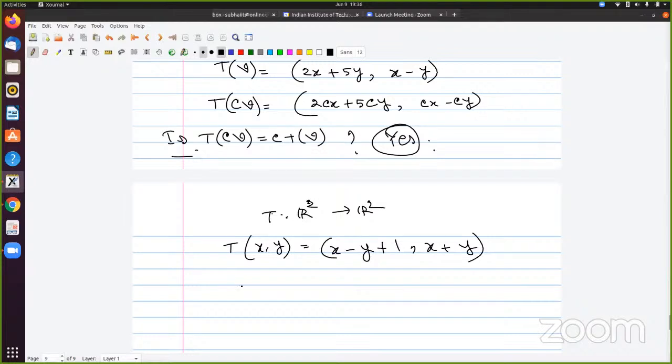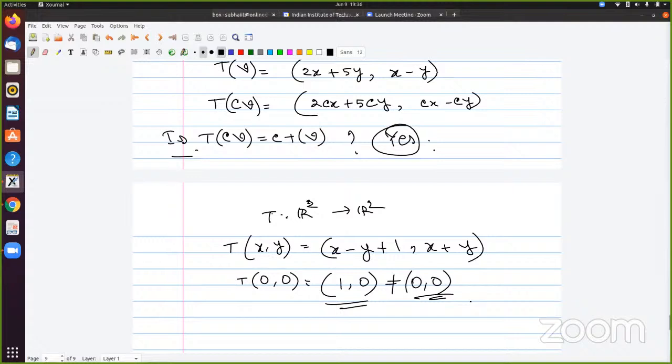Is it a linear transformation? No, sir. Because it is not going to 0. By just seeing 0, 0, it is coming to 1, 0, then it is not the origin. Because for R2, origin is the 0 element with respect to usual addition and scalar multiplication. Correct? So, it is not a linear transformation.